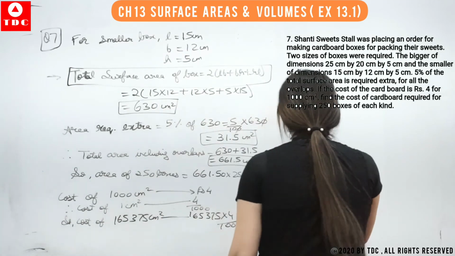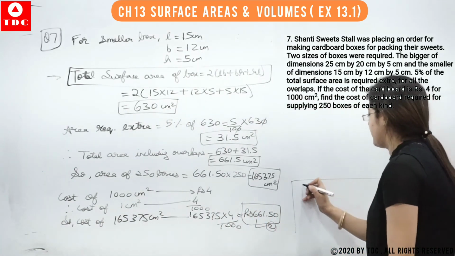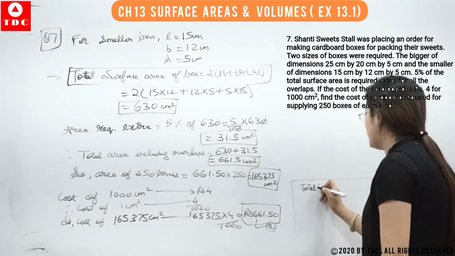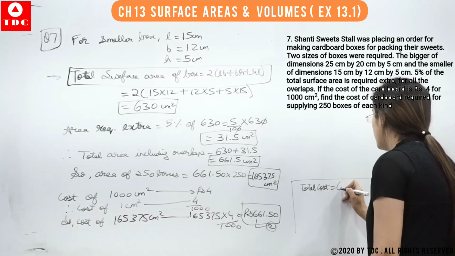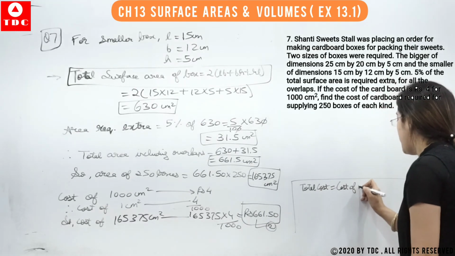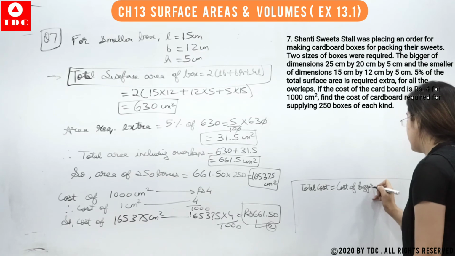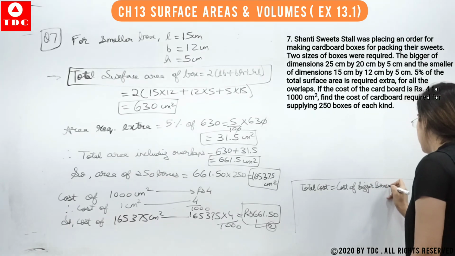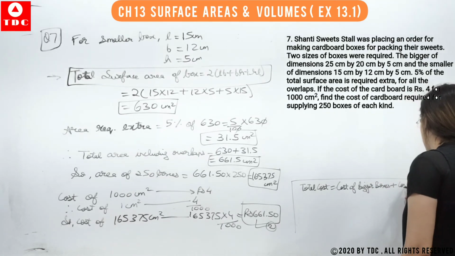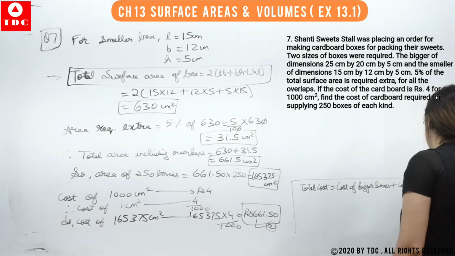So what will be the total cost now? Okay, total cost will be equal to cost of bigger boxes plus cost of smaller boxes.